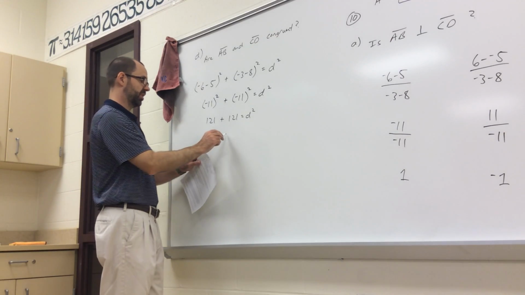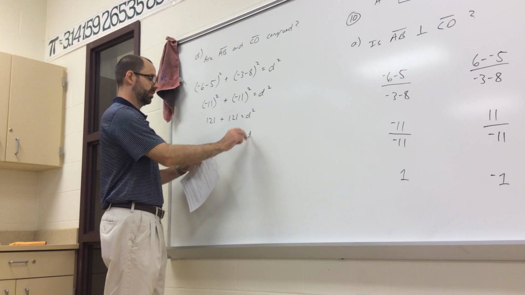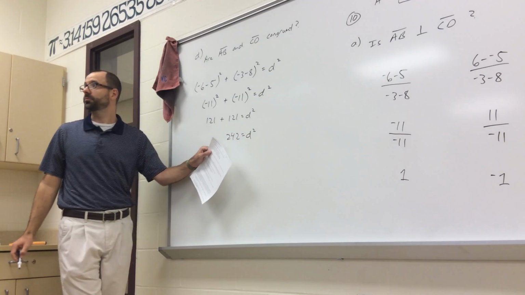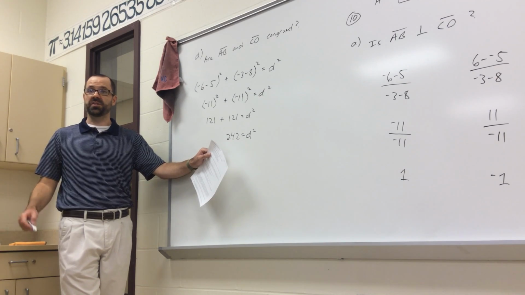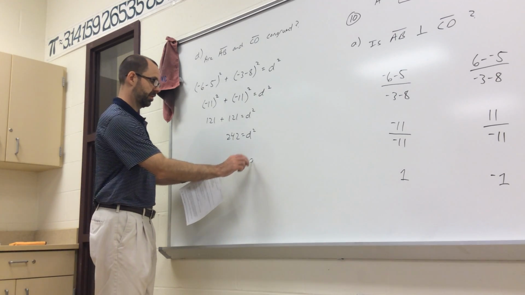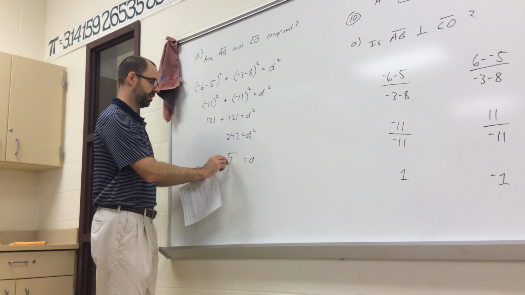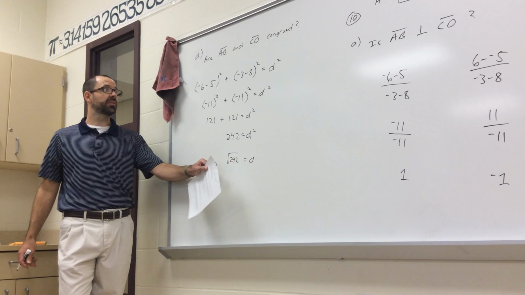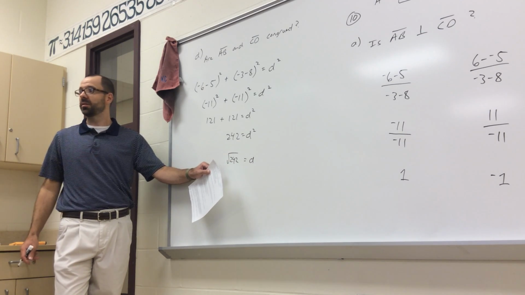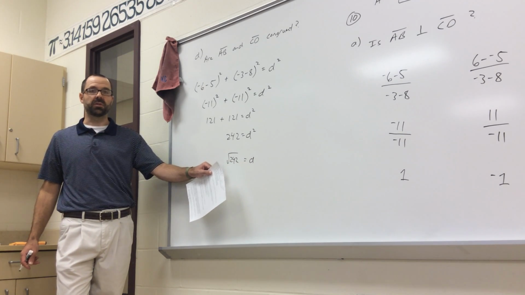And then 121 plus 121 is 242. And then you take the square root. So the length, or the size, or the distance for line segment AB is square root 242.